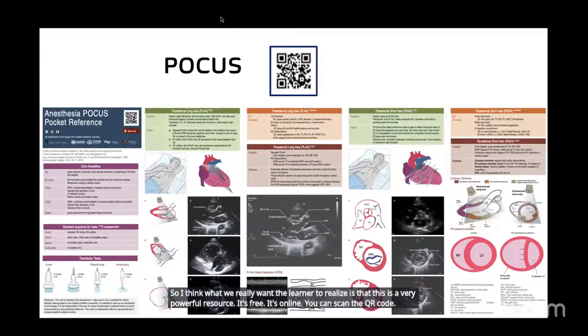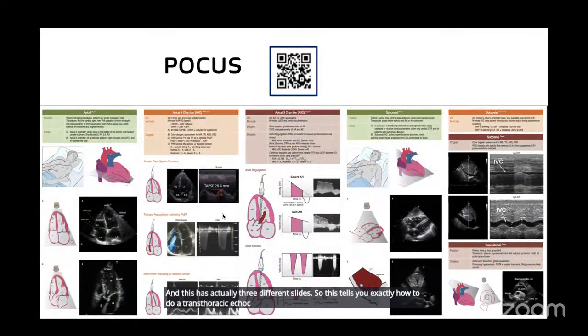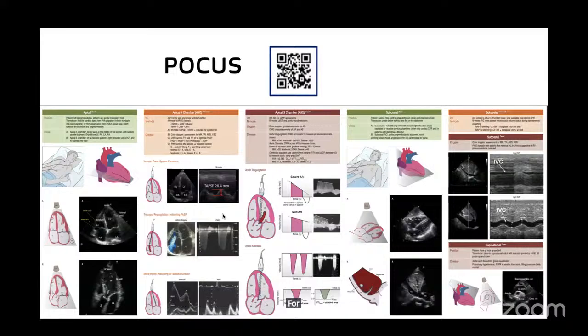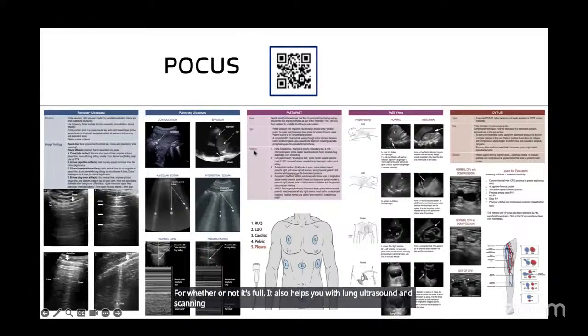And this has actually three different slides. It tells you exactly how to do a transthoracic echocardiogram with the multiple different views. It tells you how to assess the inferior vena cava for whether or not it's full. It also helps you with lung ultrasound and scanning your patient for a DVT.